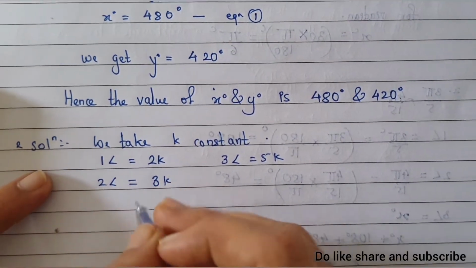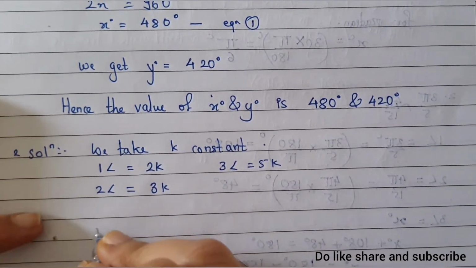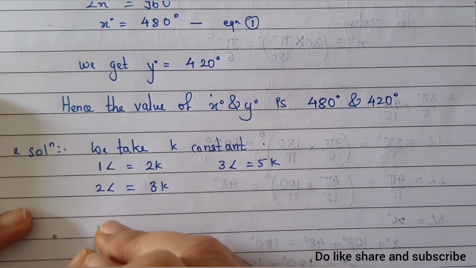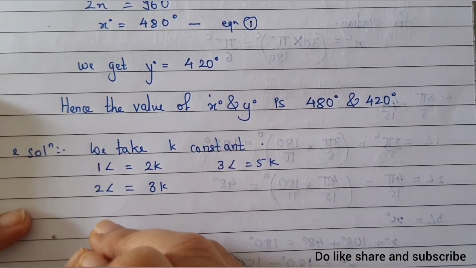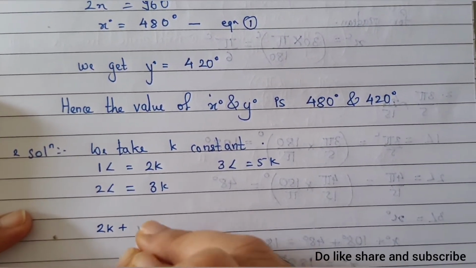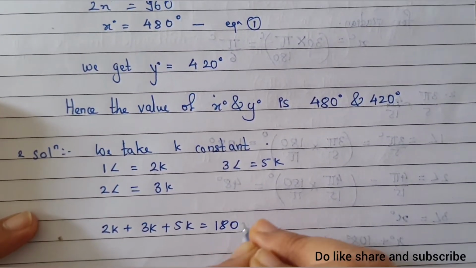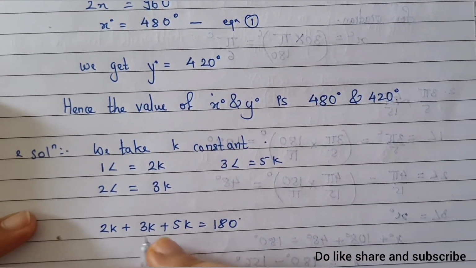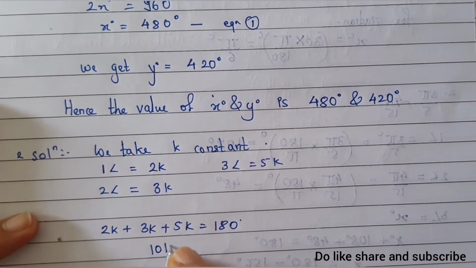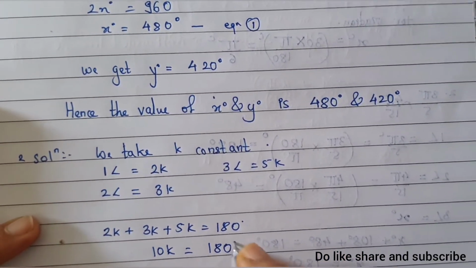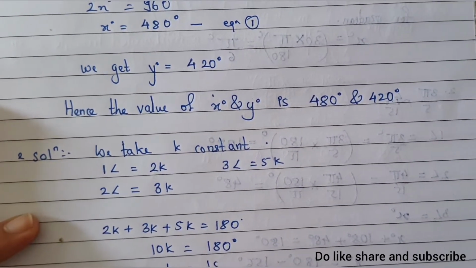We know that the sum of interior angles of a triangle is equal to 180 degrees. So 2k plus 3k plus 5k is equal to 180 degrees. The sum of this is 10k is equal to 180 degrees. So k is equal to 18 degrees.